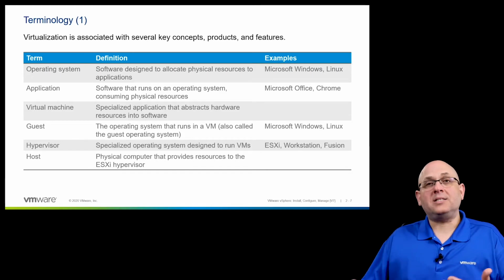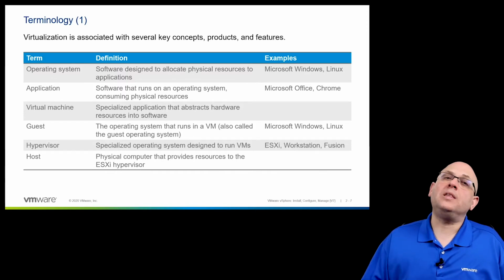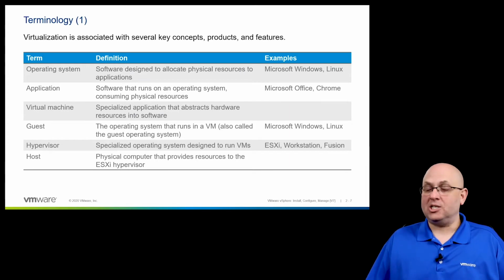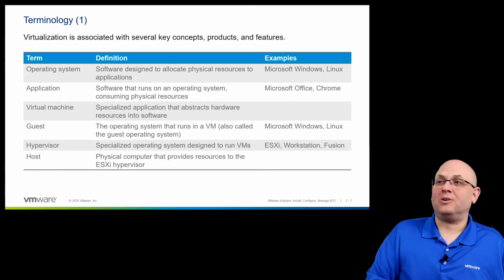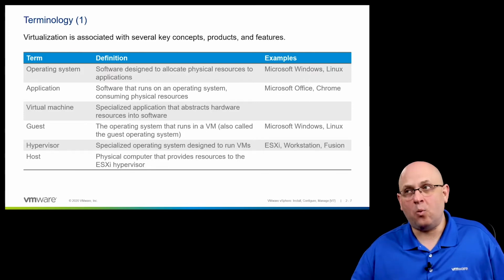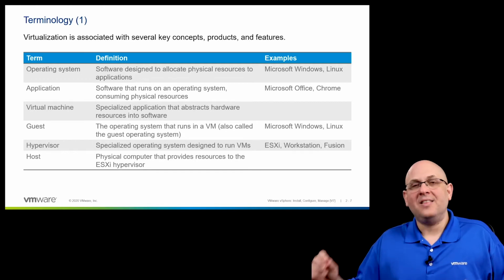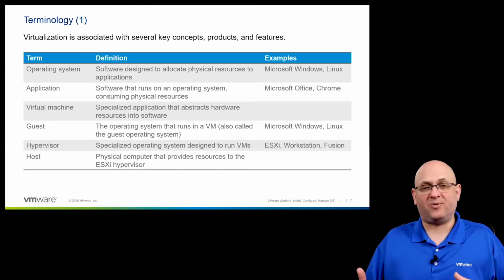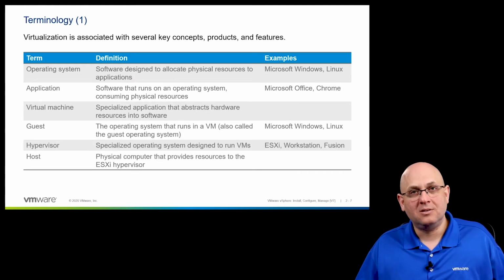Okay, well, it's the software that runs on that operating system that is actually the consumer of those physical resources. Applications like Office, or applications like Chrome, or SQL Server, or whatever applications that we run in our business that support the business. This is absolutely the most important piece of the infrastructure that we are delivering that supports our organizations.